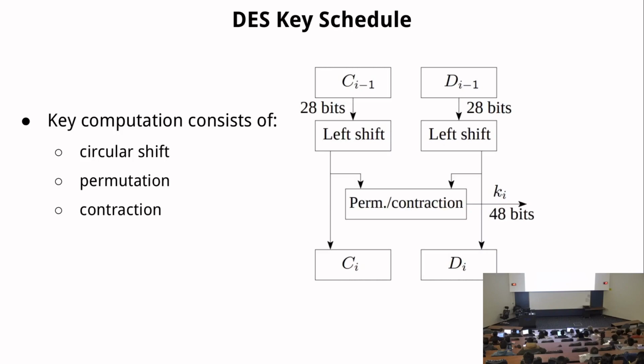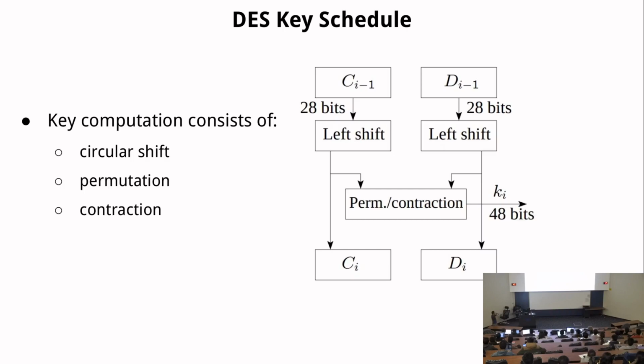Also for the DES keys, we said that the master key is 56 bits. However, for each round, it's 48 bits, and there are 16 rounds. So how do we generate those subkeys?